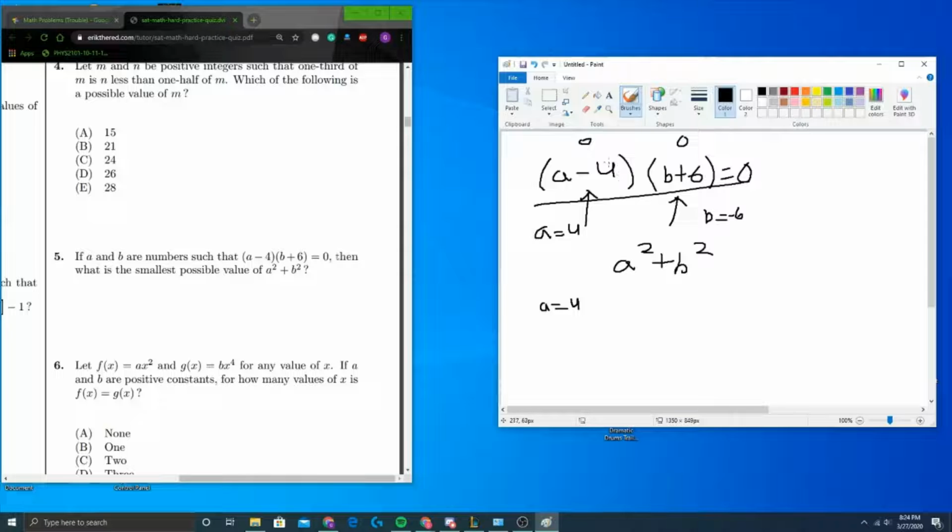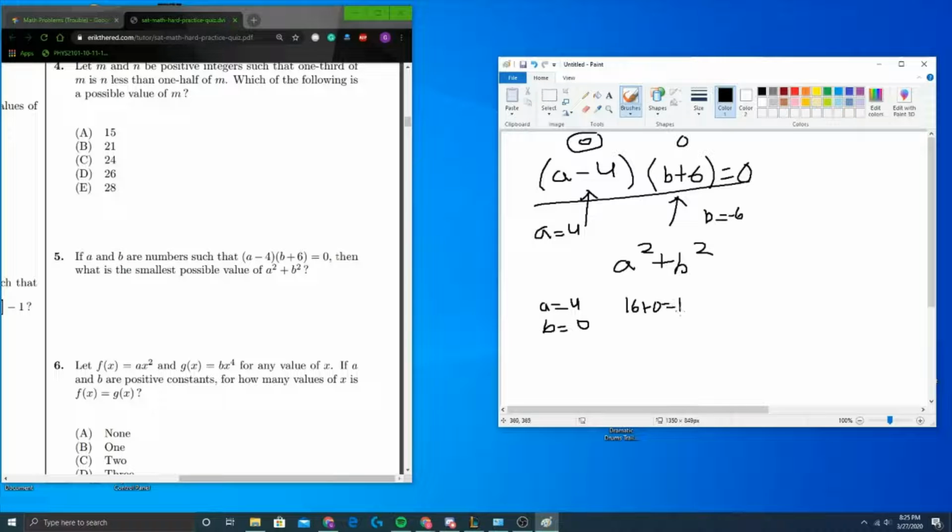If a equals 4, this side becomes 0. If this side becomes 0, this number could be anything, because anything times 0 is 0. So that means b could be literally any number. And if you want to minimize this, I think the best choice is obviously to use 0. So we're going to get 4 squared plus 0.